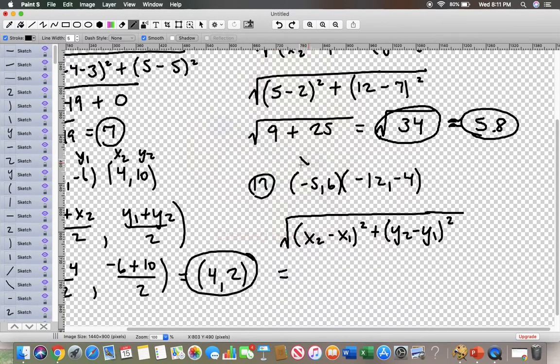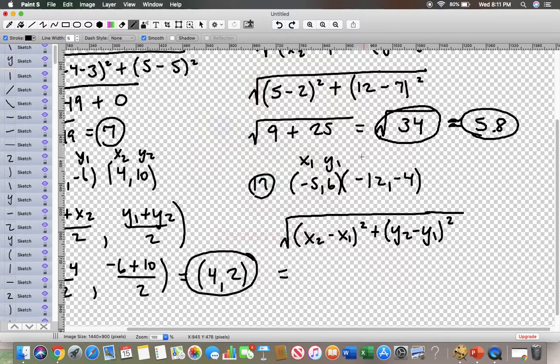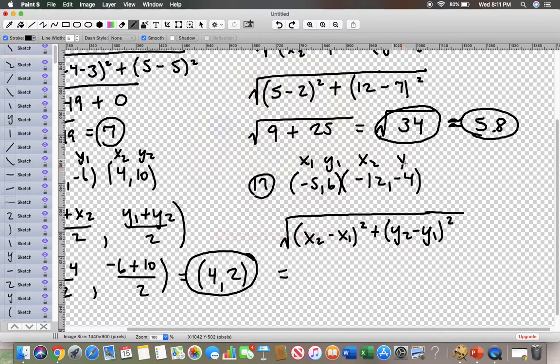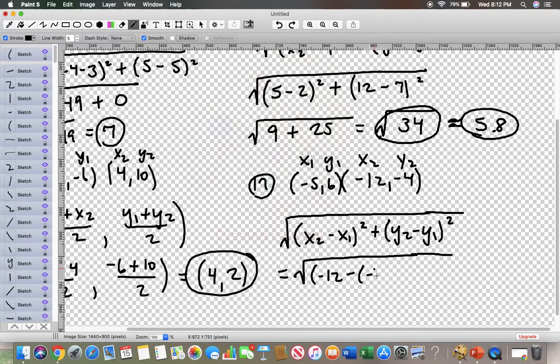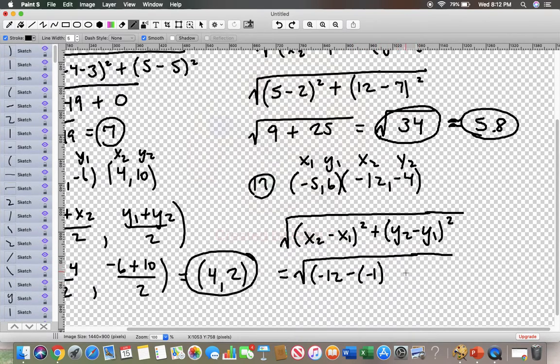Label my points: x sub 1, y sub 1, x sub 2, and y sub 2. And then we just have to plug and chug. So x sub 2 is negative 12 minus a negative 5. Be careful there. Oops, excuse me, negative 5 is my x sub 1. And then I need to square all of this.